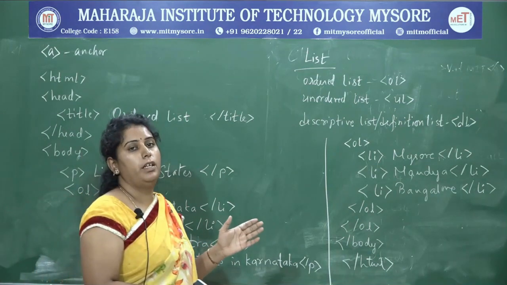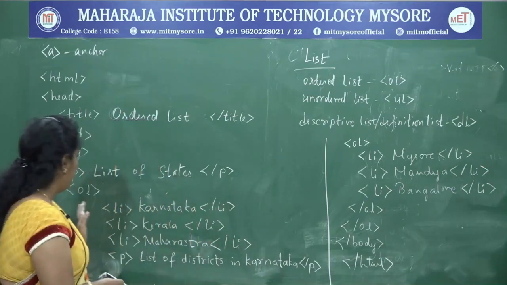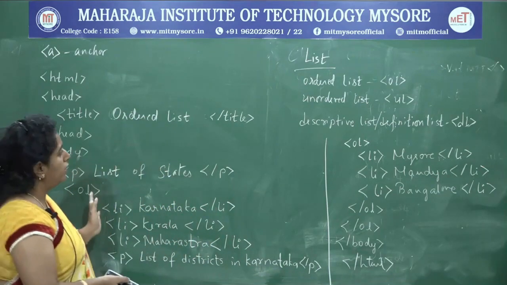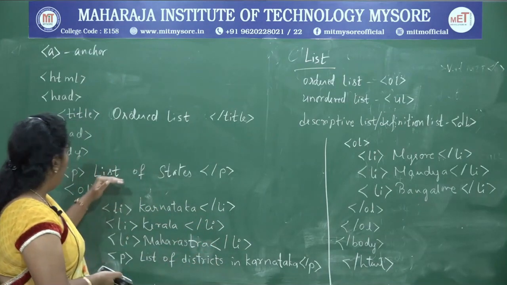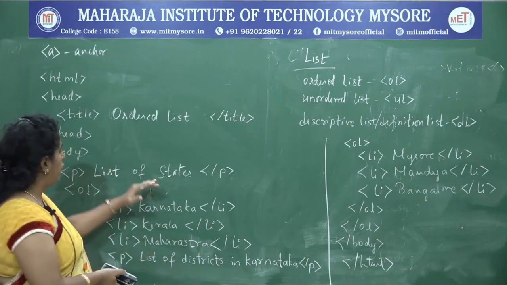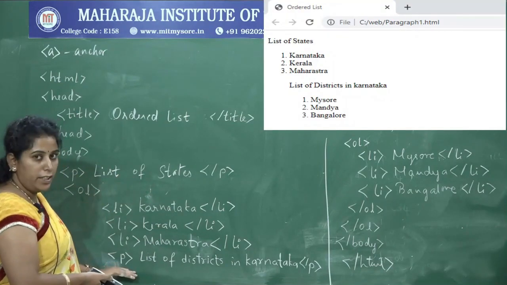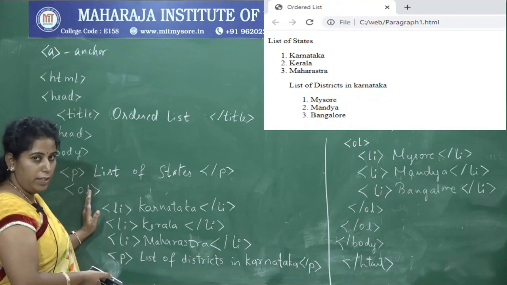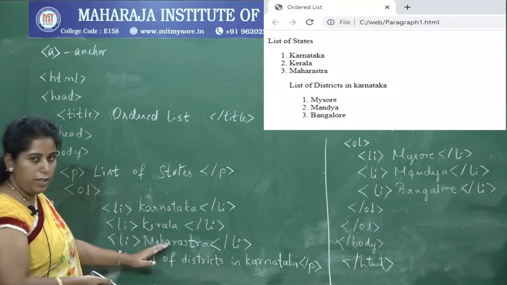By default, what will be the sign or symbol? Number, right? Yes. So now here is an example where we are doing nesting of list. How? First, once you run the program, what will be the output? List of states. Under this, I have created an ordered list, numbered list. First one Karnataka, second one Kerala, third one Maharashtra.